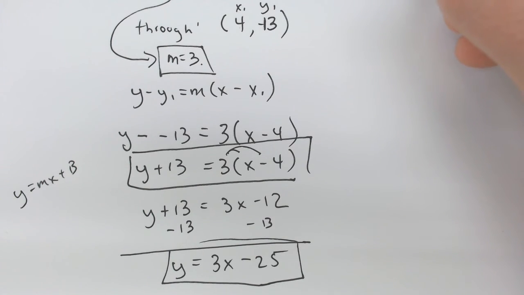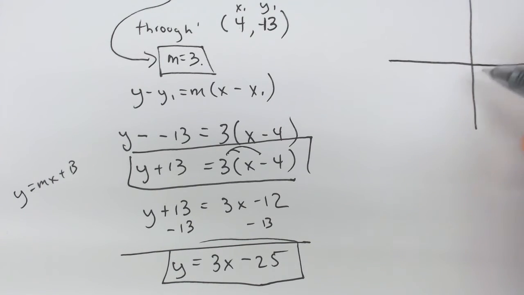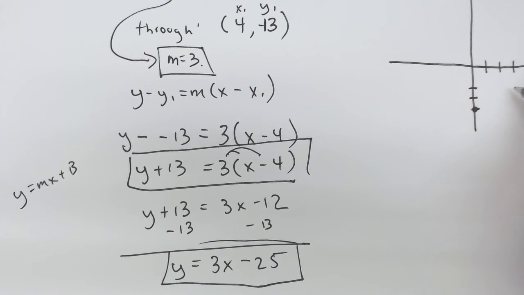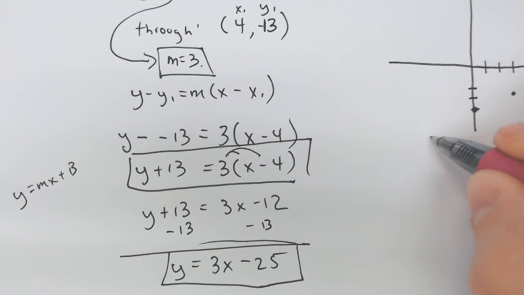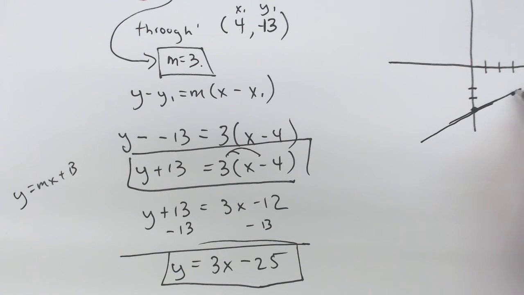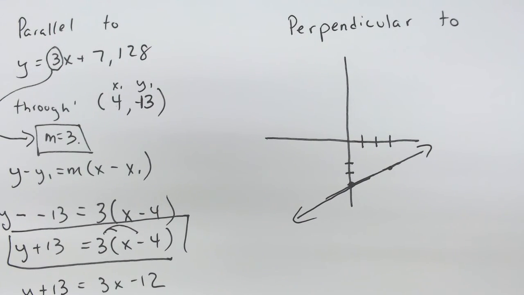Our last example, we want it to be perpendicular to a graph. And on this graph, I'm going to have the slope currently be up by 1 and over by 3.